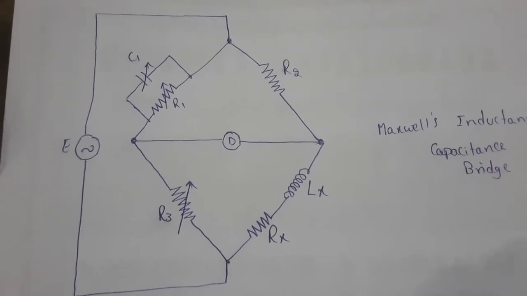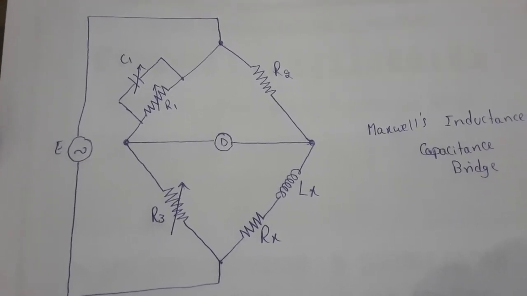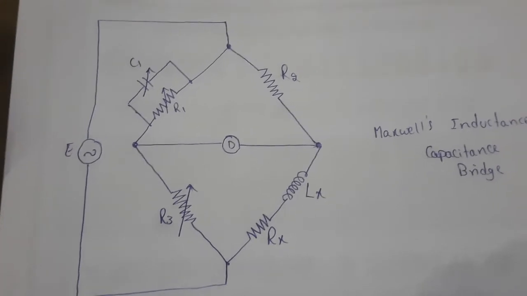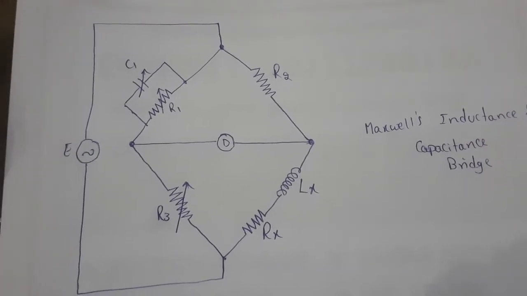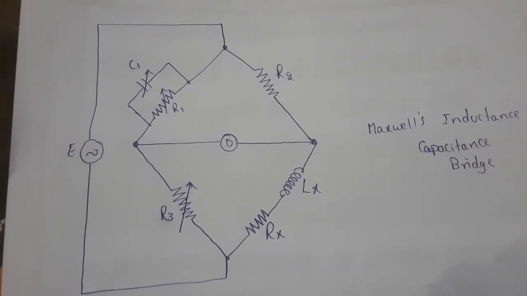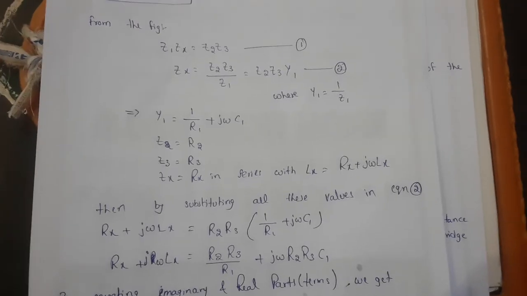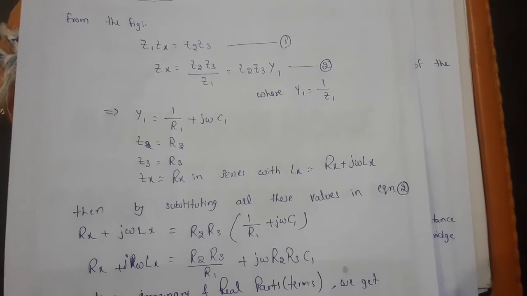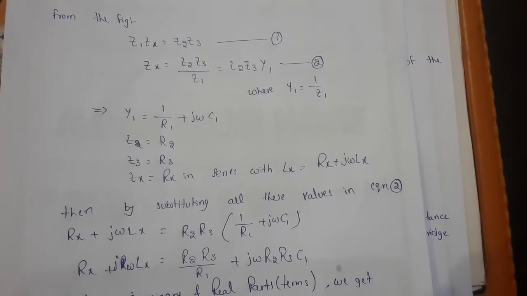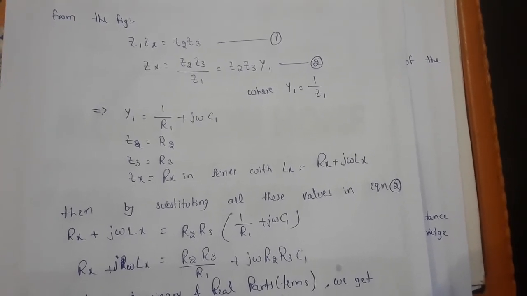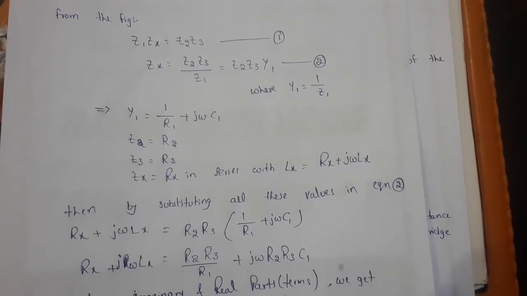And this one is your Maxwell's inductance and capacitance bridge. Here the unknown inductance can be measured with the help of a standard variable capacitance. If you come to the derivation part, by balancing the bridge, the first step is Z1 into Zx equal to Z2 into Z3.